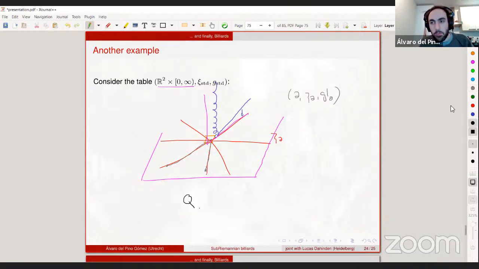So the question that we have is, can you find a sequence of billiard trajectories that converge to this? Like, a piecewise geodesic appearing as a limit? Are these limits? Okay, so I think I had some more questions, but I will stop there.